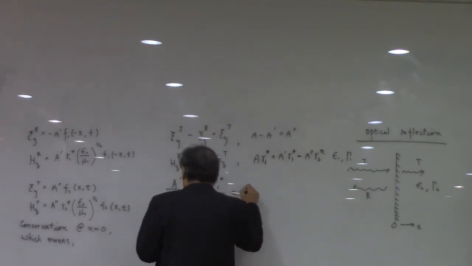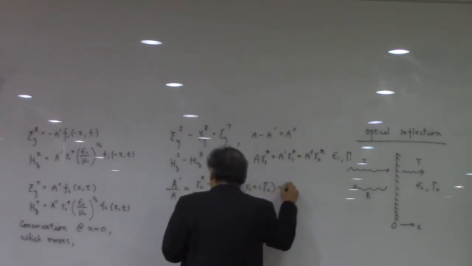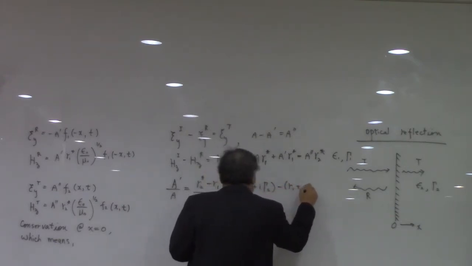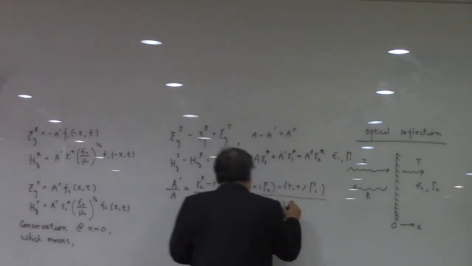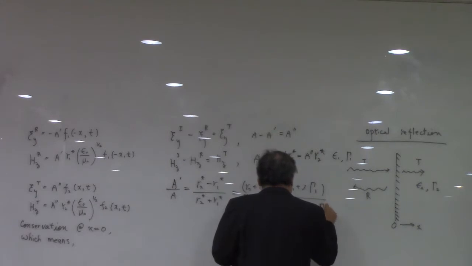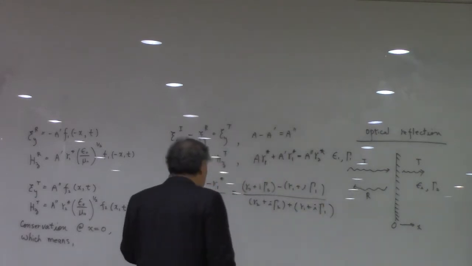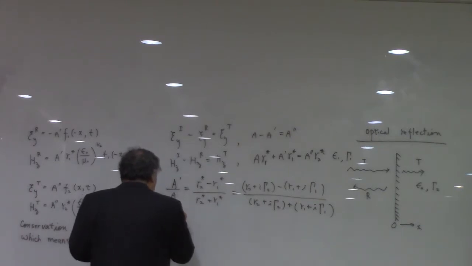And that is R2 plus i gamma 2 minus R1 plus i gamma 1 over R2 plus i gamma 2 plus R1 plus i gamma 1. Something like this, right?